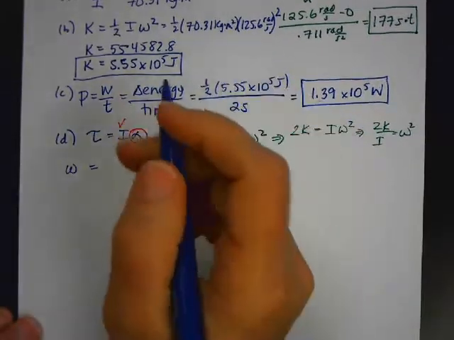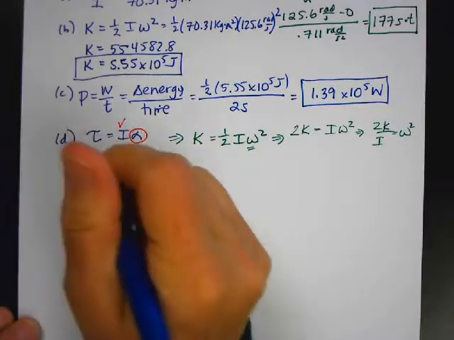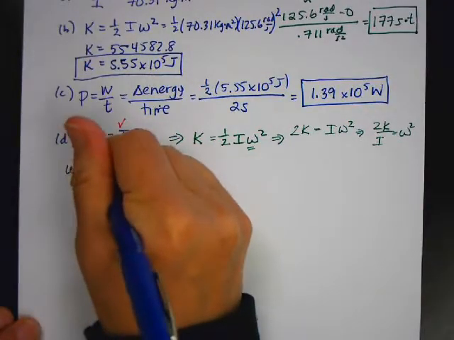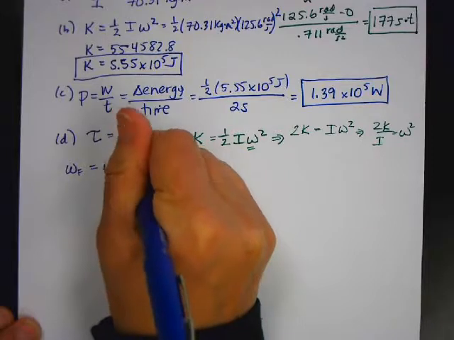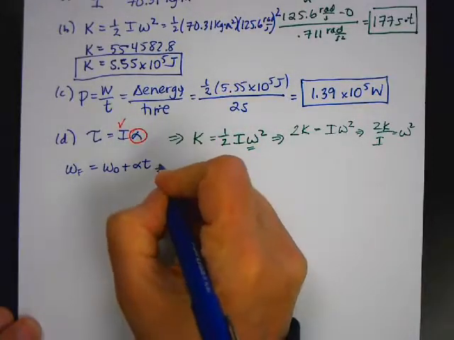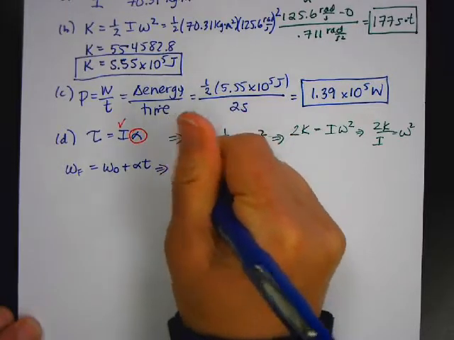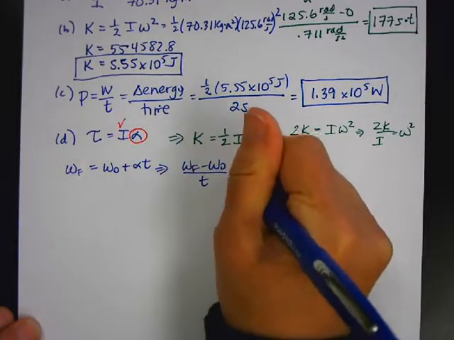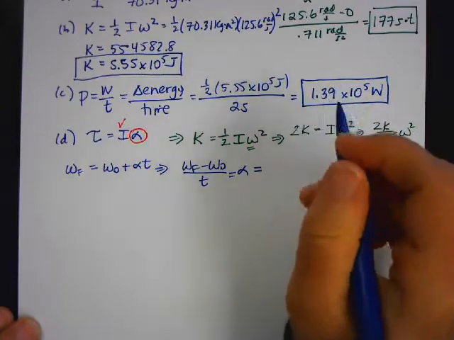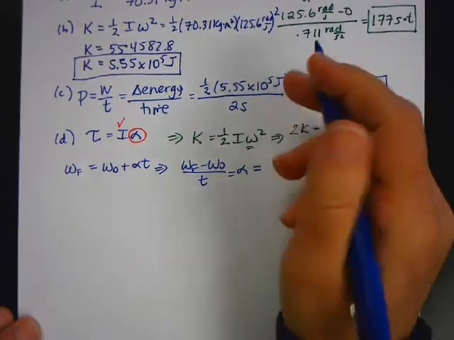omega F is equal to omega naught plus alpha t. So we're going to rearrange this equation, so alpha is omega F minus omega naught over t. So we're going to do the full energy minus the half energy.